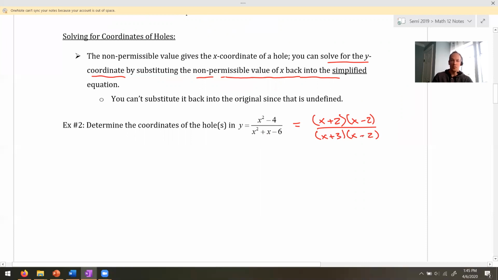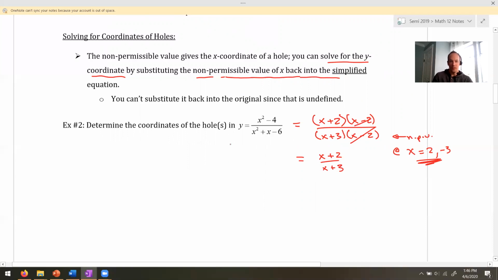When you factor the top and the bottom, you can see that before you cancel, you should point out the non-permissible values. So the non-permissible values are when x is equal to 2 or negative 3. Now you cancel those bad boys out because this simplifies down to this. As long as x is not equal to 2 or negative 3, this is a correct simplification.